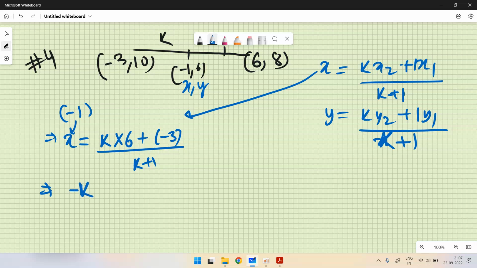So minus 1 into k plus 1 is minus k minus 1, equals 6k minus 3. If I shuffle terms, this implies 7k equals 3 minus 1, which implies k equals 2 by 7.